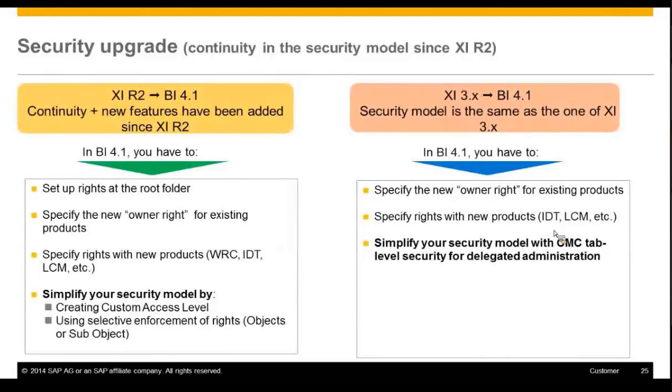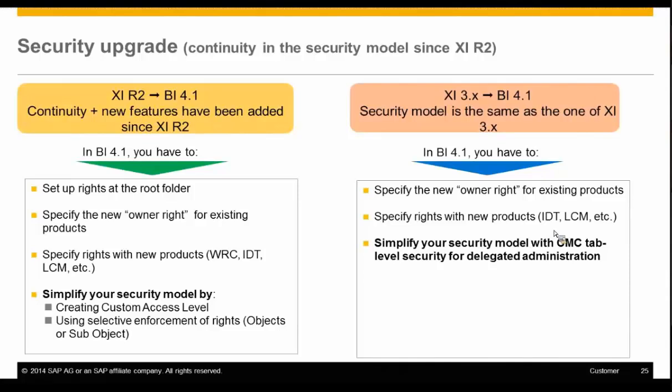Okay. Now, let me briefly talk about the importance of security, and the changes between R2 and 4.1, as well as between 3.1 and 4.1. If you are on R2, which I believe some of you are, based on the poll results, the security model has completely changed between R2 and 4.1.